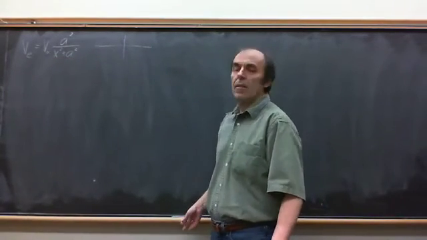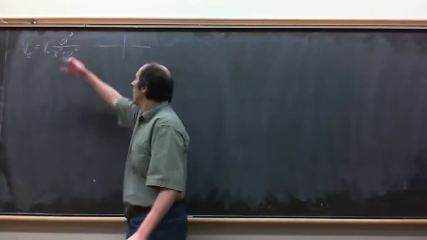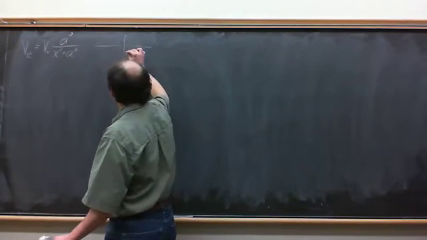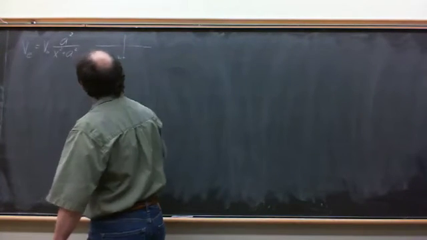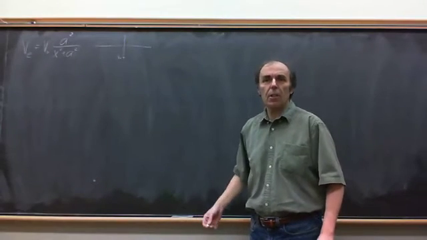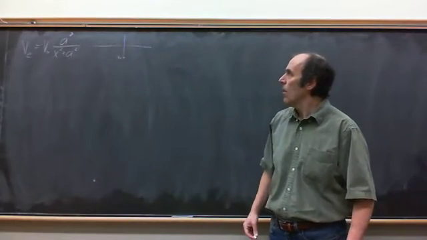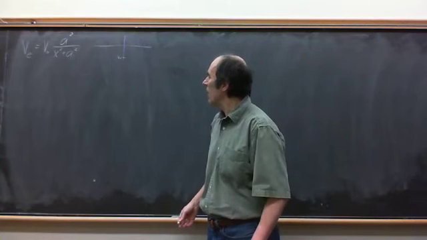So at X equals 0, A squared over A squared is 1, you just get V0, which happens to be a negative number. So it's down here. As X goes to infinity, the denominator gets huge, so it goes to 0. And what happens if X is equal to A?